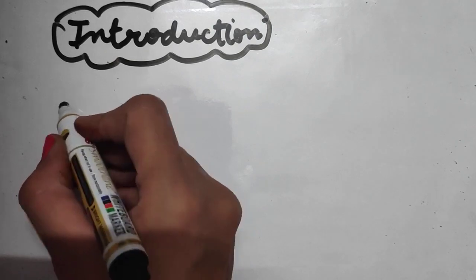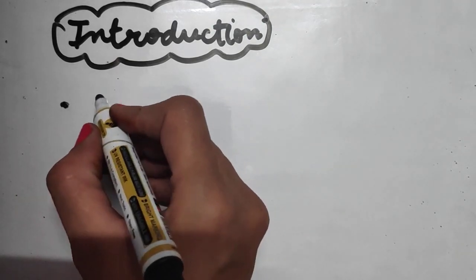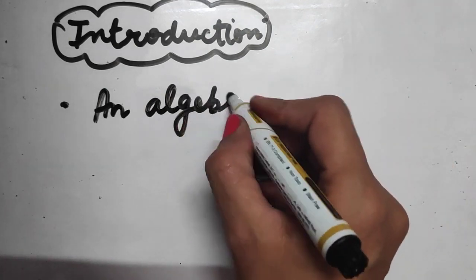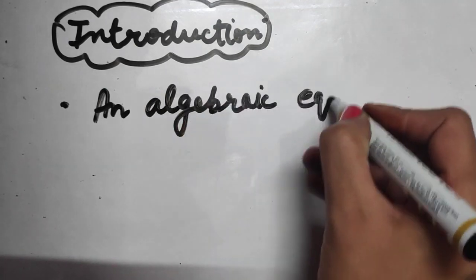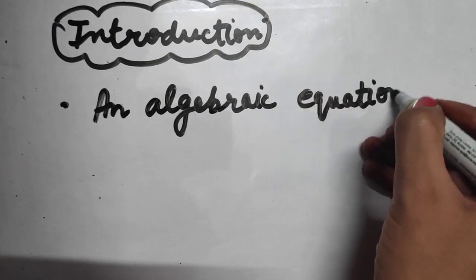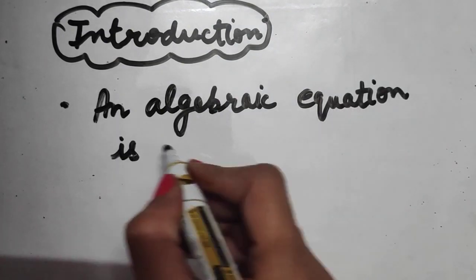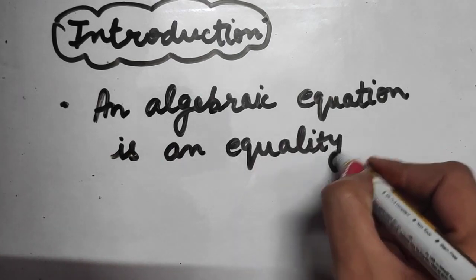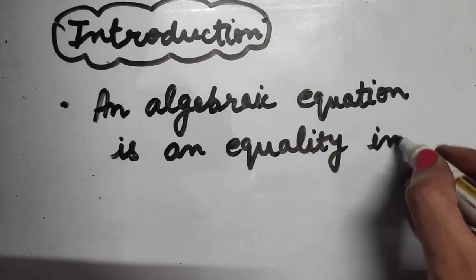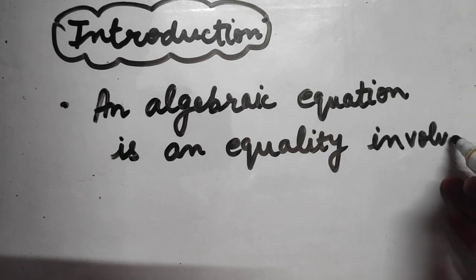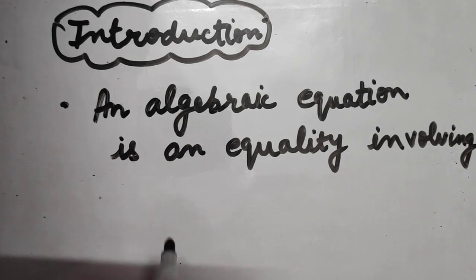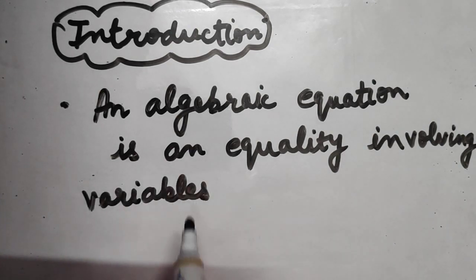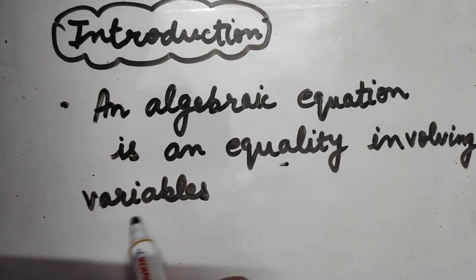So the first point is: an algebraic equation is an equality involving variables.